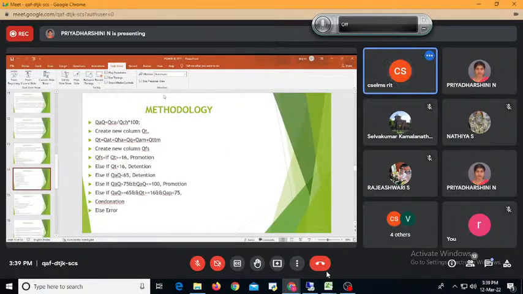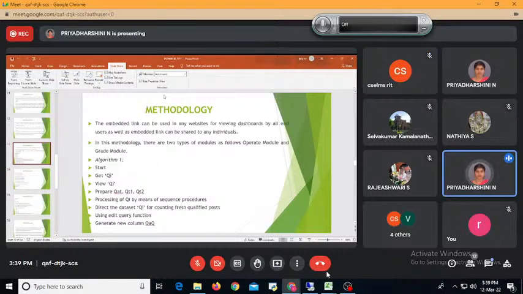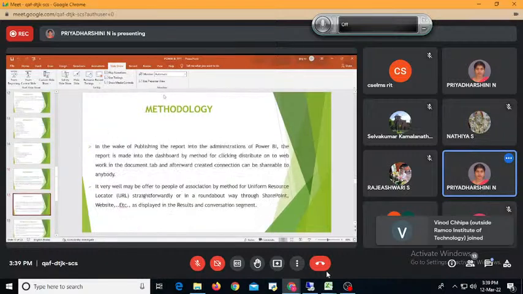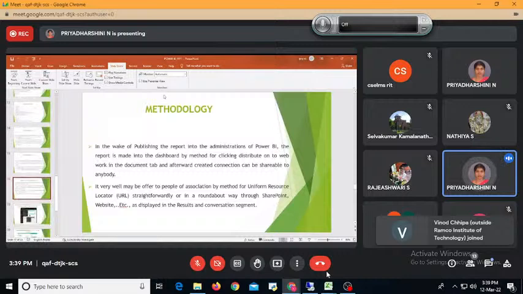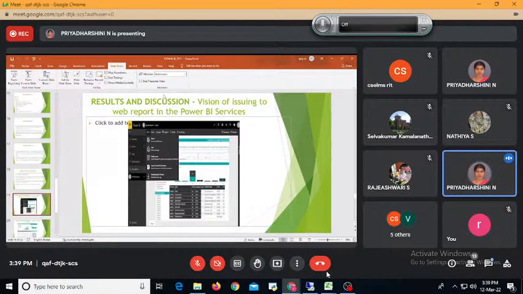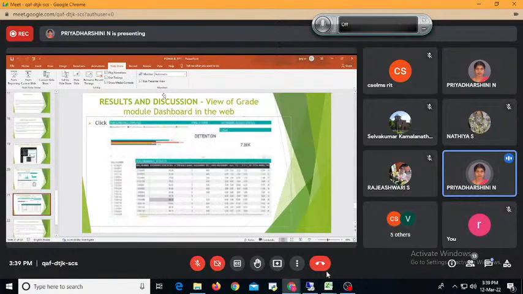Yeah, ma'am. Thank you. So this is the algorithm that had been implemented in our paper. So you can upload whenever the data is required, and you can find out the visual effect of whatever data is being operated on. So these are the results that we had retrieved after installing the Power BI, and we have also loaded our data in it, and we have retrieved the results from that.